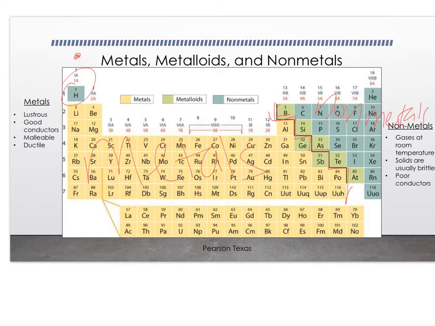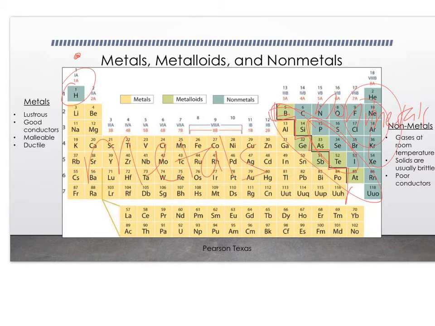Nonmetals, on the other hand, can be gases at room temperature, and you can also have some solids. These are your solids down here. More or less your gases are in the upper right-hand corner. But the solids are usually brittle, and they're very poor conductors of electricity. And if you are touching this metalloid belt, such as the metalloids, you have shared characteristics between metals and nonmetals.